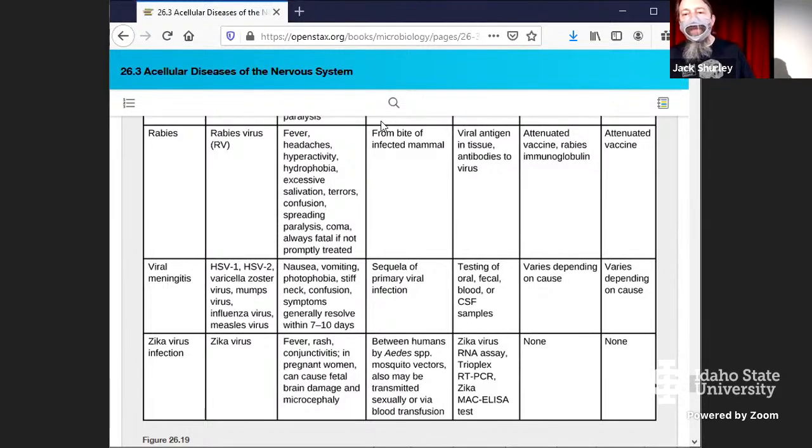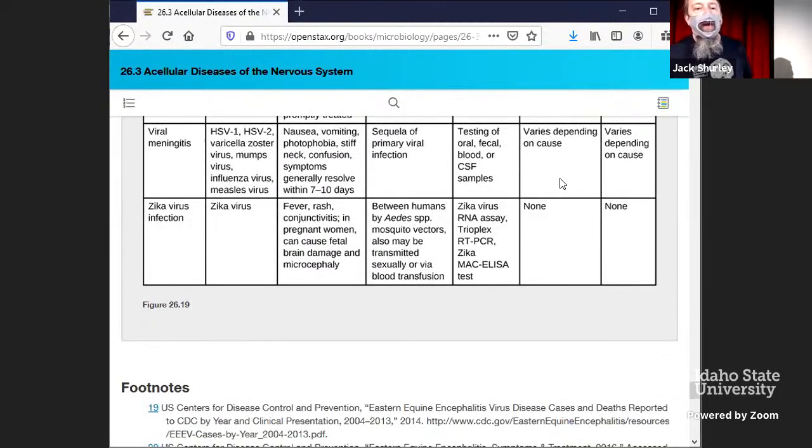So the bite of some infected animal sets the stage for transmission of this. We can detect with antigen detection in tissues or antibodies to the specific virus as well. As far as treatment goes, there's attenuated vaccine and rabies immunoglobulin, so passive transfusion of immunoglobulins to target the potential viruses it's getting in.